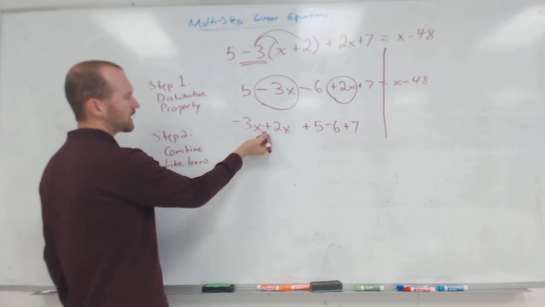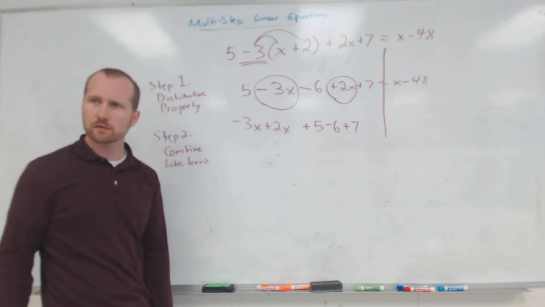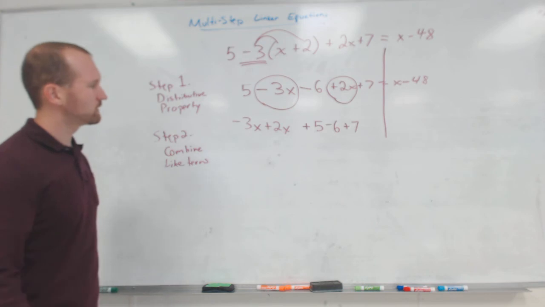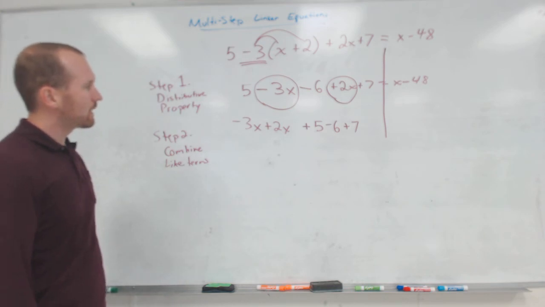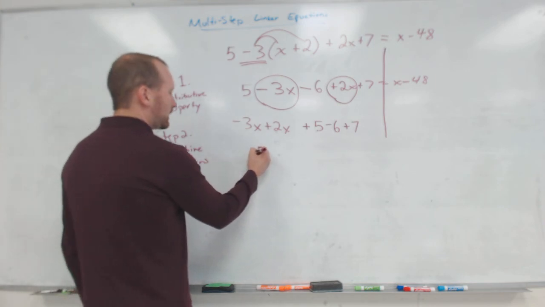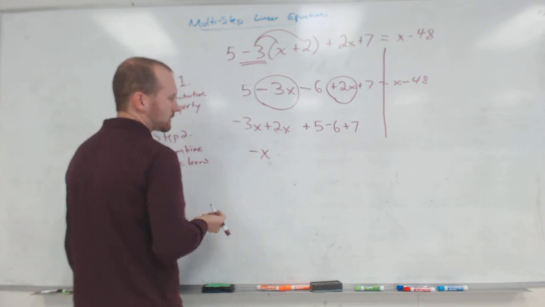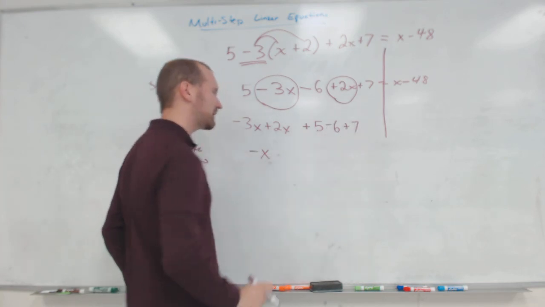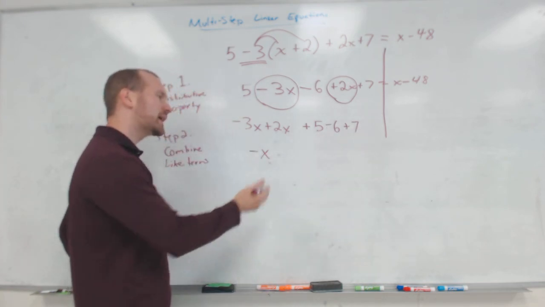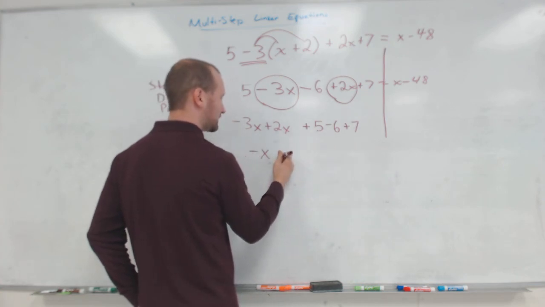What is negative 3x plus 2x? Negative 1x, or negative x. 5 minus 6 plus 7. Negative 1 plus 7 is 6.